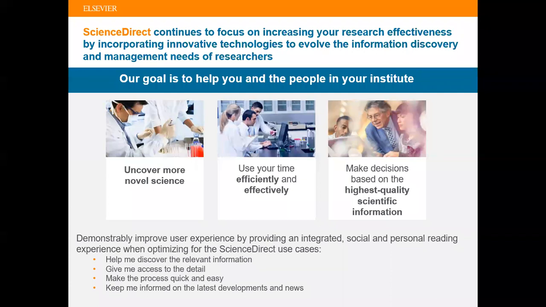ScienceDirect continues to focus on increasing your research effectiveness by incorporating innovative technologies to evolve the information discovery and management needs of researchers. Our goal is to help you and the people in your institute to uncover more novel science, use your time efficiently and effectively, and make decisions based on the highest quality scientific information.